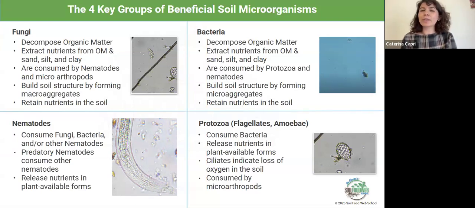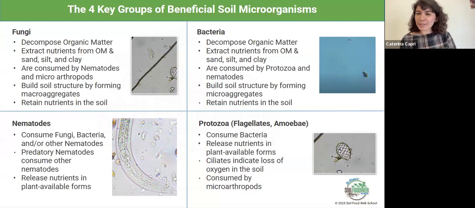But basically, when we think about the 4 key groups of beneficial microorganisms, we start thinking about bacteria, which are the ones that tend not to lack in the system. But even though we usually look at bacteria as pretty negative because they're very high in numbers and biomass, very present in the system, they do have a very important role.